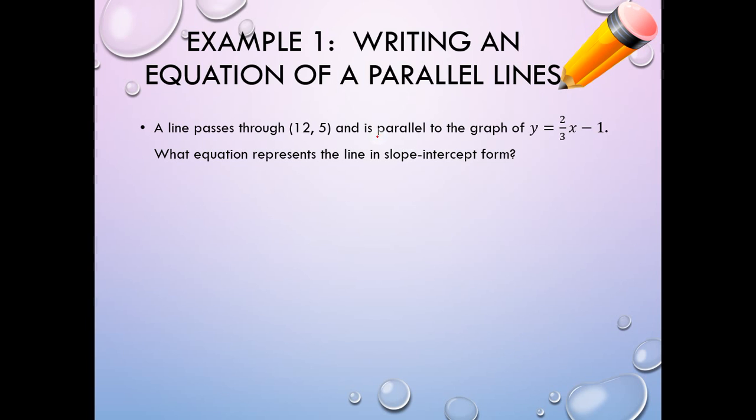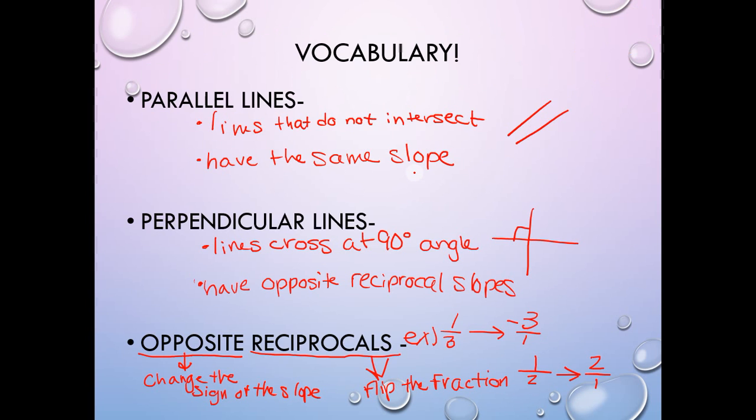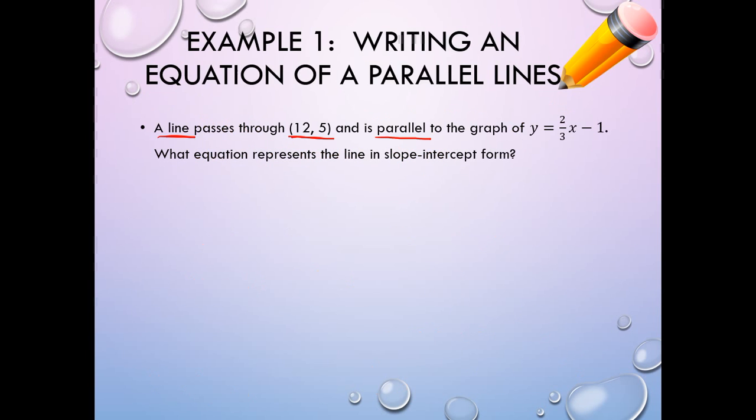If I go back to my little vocab here, if I have parallel lines, I have the same slope. So I'm going to look at the equation of the line they gave us and figure out what the slope is. Well, we know from our previous work, slope is whatever is in front of x. So 2/3 is my slope. That is going to be the slope of my new line.